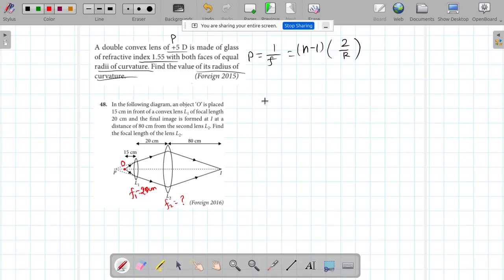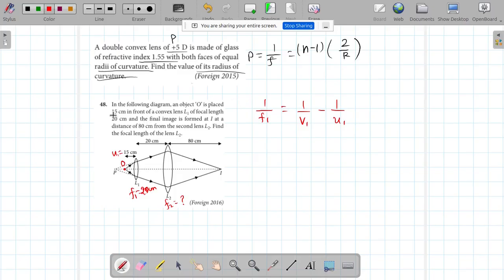First, 1 by f1 equals 1 by v1 minus 1 by u1. Here u1 equals minus 15 centimeter.